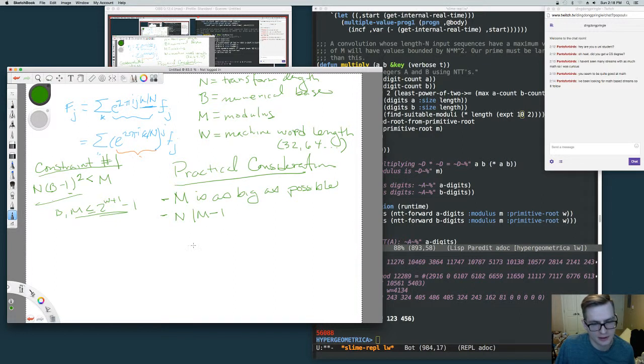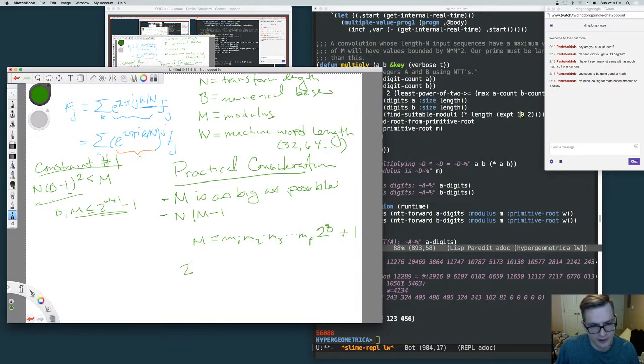So typical moduli are equal to some prime factors m1, m2, m3, up to mp, times, critically, 2 to the power of some number, let's say q, plus 1. And n, for our number theoretic transform, has to be a power of 2.